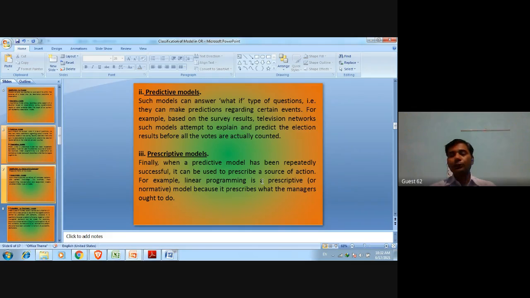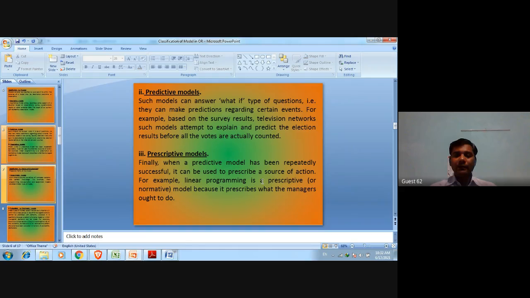Suppose that you have asked a question in a district related to the upcoming election: which party will win in the upcoming election? And you have made a survey in 7 districts. In the first district, we have got responses for a particular party.